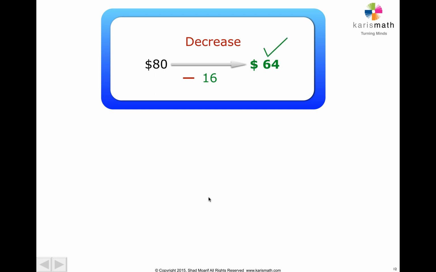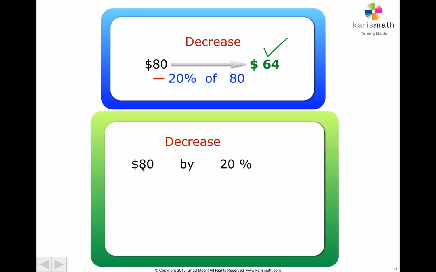Well, let's do it the faster way. You've got to decrease 80 by 20%. This was the original, and this is the part by which you're going to decrease it. Now, if the original was 100%, right, and the part is 20%, then 100% minus 20% is 80%. That means you're decreasing the original amount by 80% of itself.